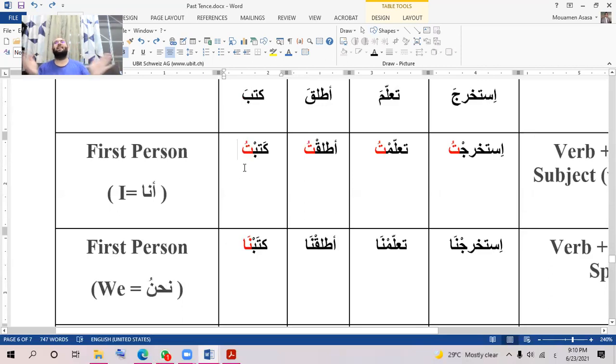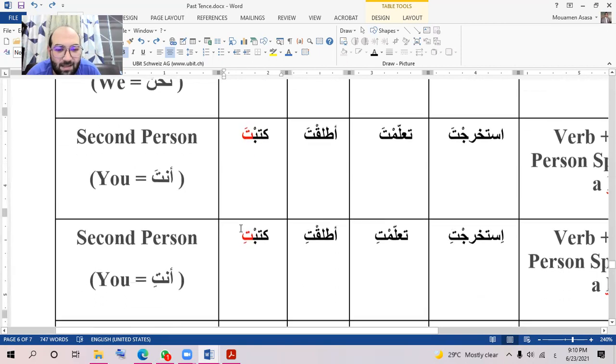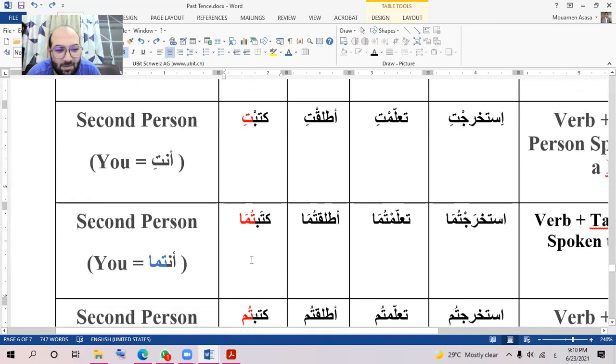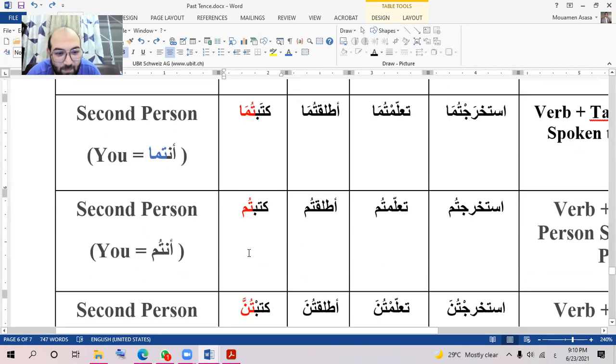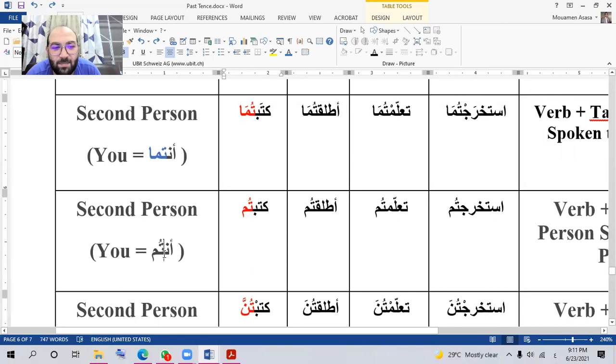Ustaz, let's see your potential. I will give you a verb. I want you to conjugate with it. ذهب. Start. أنا ذهبت. نحن ذهبنا. أنت ذهبت. أنتِ ذهبتِ. أنتما ذهبتما. أنتن ذهبتن. أنتم ذهبتم, for a mix of people.